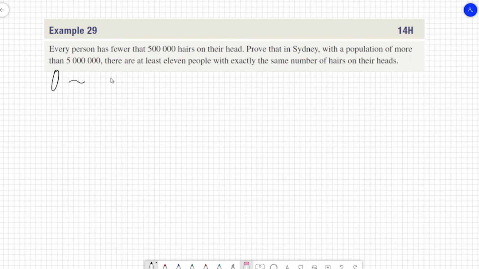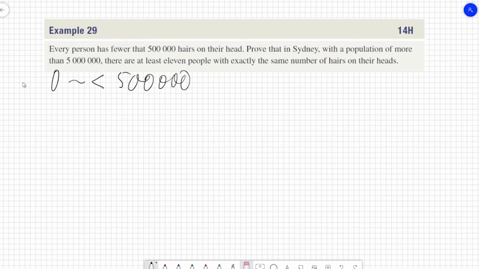So you either have 0 strands of hair on your head, or somewhere just a little bit fewer than 500,000 strands. Now the population of Sydney.